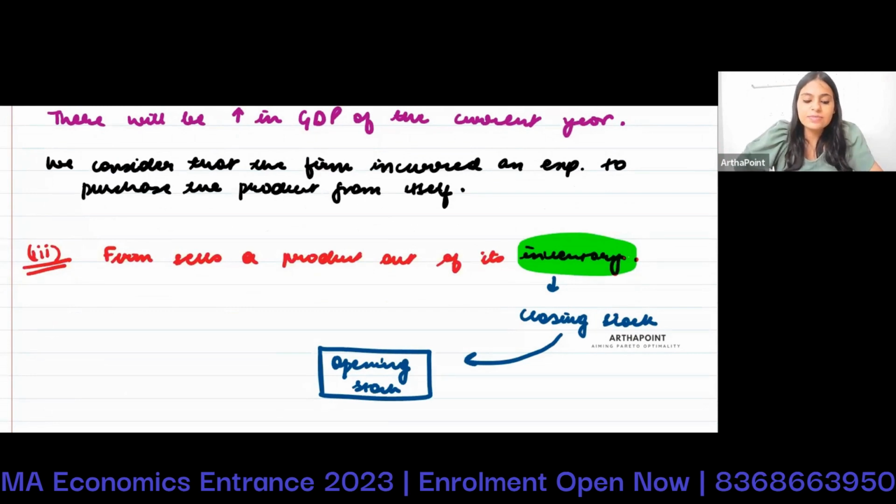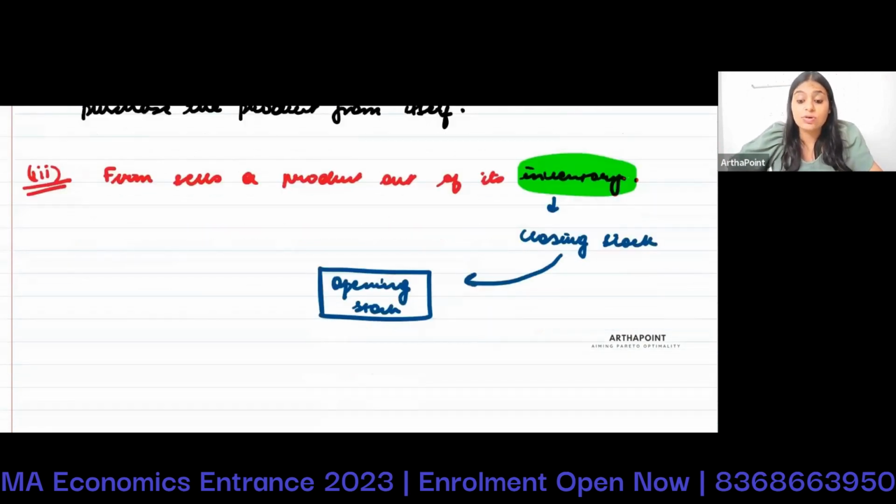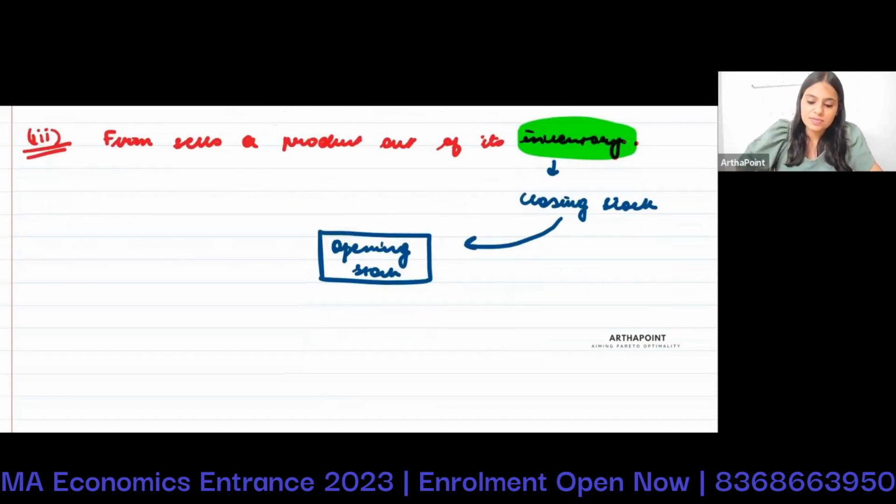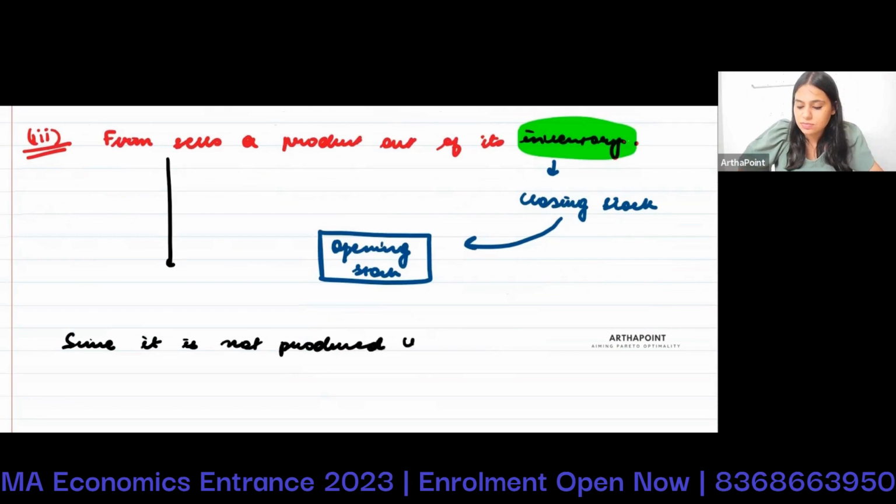So if I'm selling this product which is out of my inventory, there is no reason it should be added in this year's GDP because it is not produced this year. So we can say that since it is not produced this year, it must not be added to GDP.